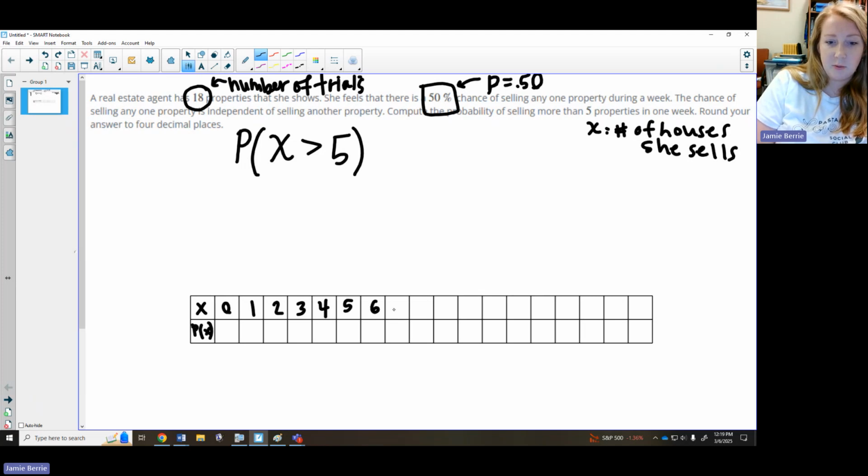That'll be her maximum number of houses she could sell in a week. And this is all theoretical. I don't know how many houses a person could actually sell in a week, but we're going to assume that it's possible that she could sell all 18.